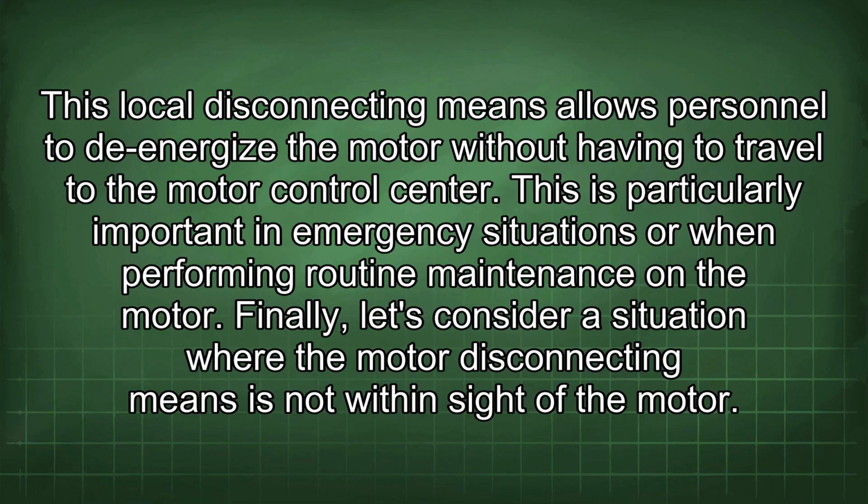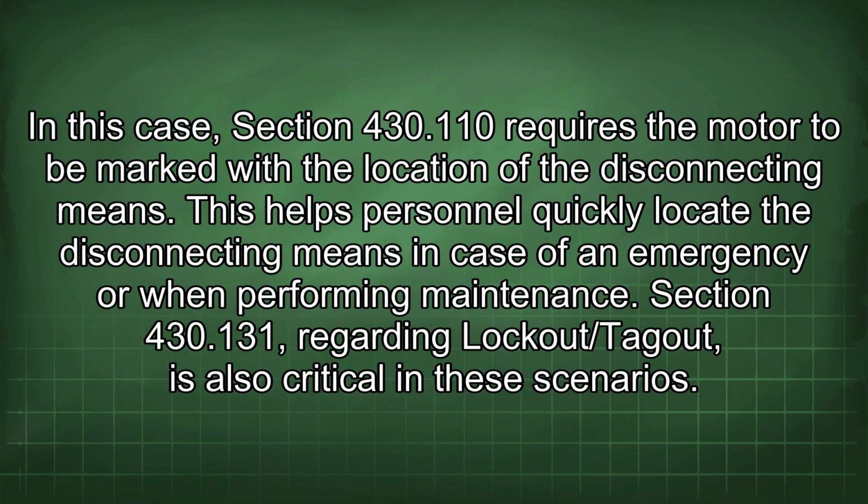Finally, let's consider a situation where the motor disconnecting means is not within sight of the motor. In this case, Section 430.110 requires the motor to be marked with the location of the disconnecting means. This helps personnel quickly locate the disconnecting means in case of an emergency or when performing maintenance.